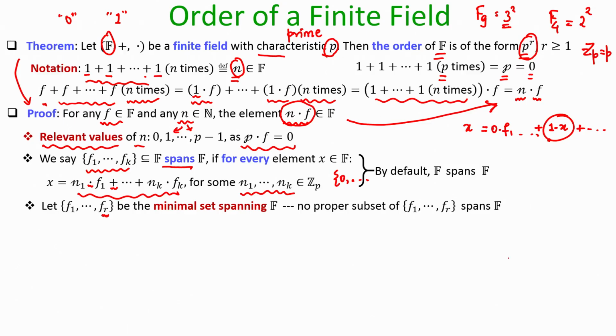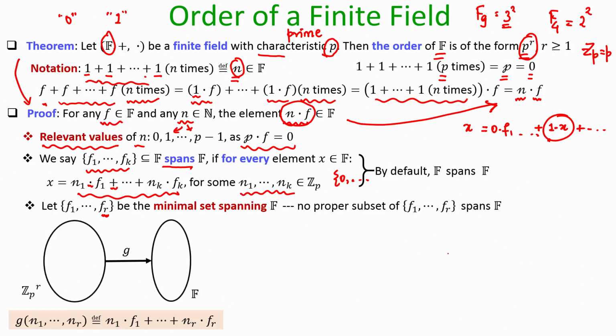So, I am basically saying that a collection of r elements from your field F will be considered a minimal set spanning the field if it is the bare minimal collection of elements whose presence is required to express every element from your field as a linear combination.